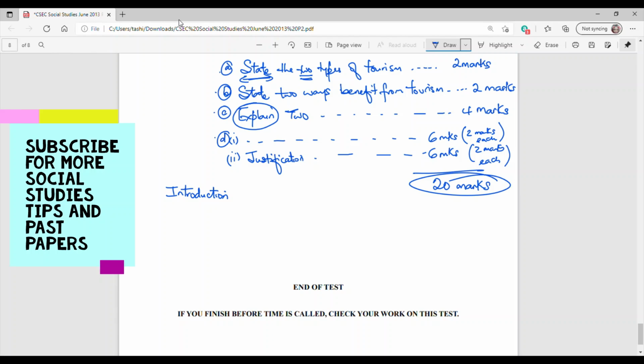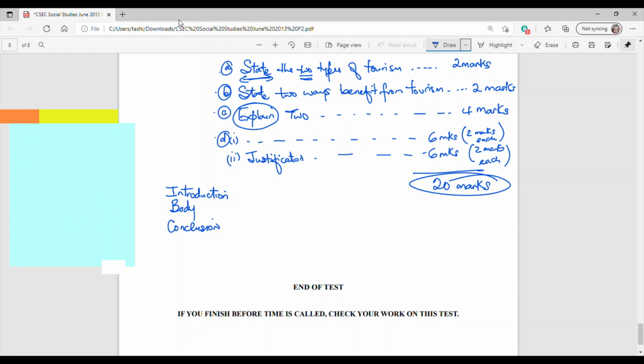We know that we are going to need our paragraphs that is going to make up the body of our essay. And then we need a small conclusion or a concluding line. As I said, you already know where your marks is coming from, and you are setting it up so that you get your marks. That is the aim of completing the question in the first place, right?